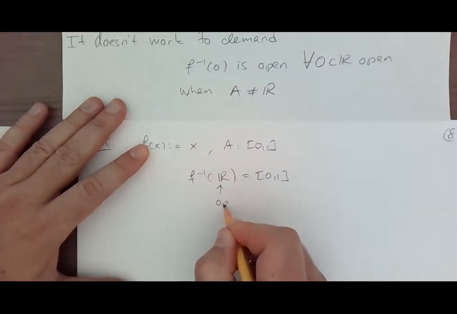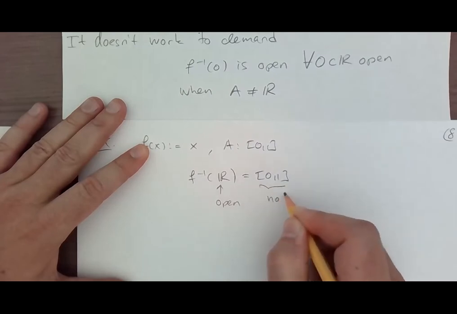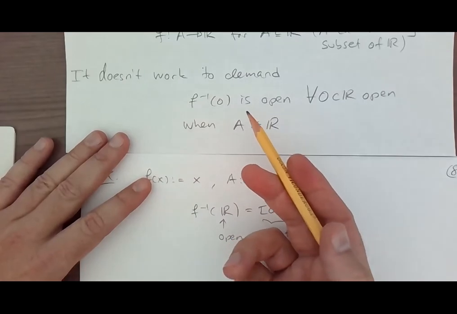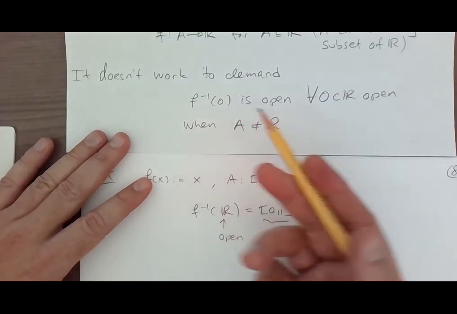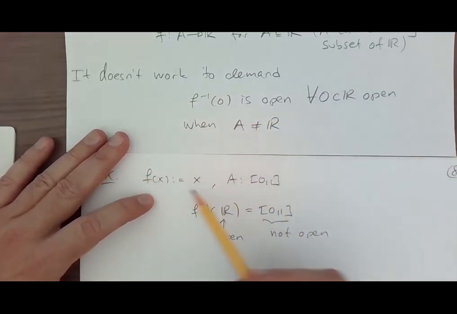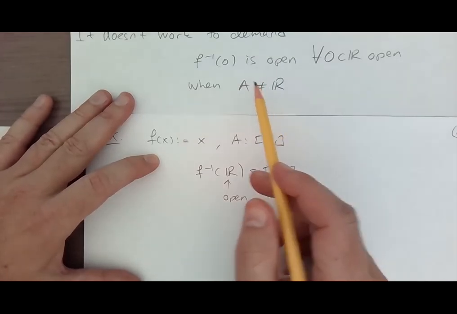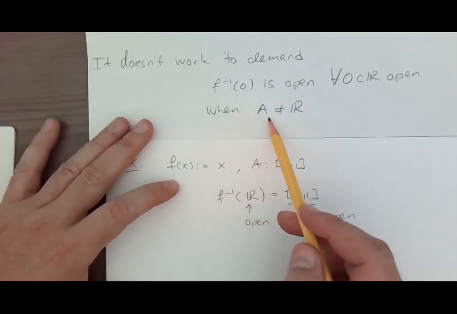This one here is open. This one here is not open, right? So this function here would not be continuous. So this is not the right definition to have when you're dealing with a subset of R.